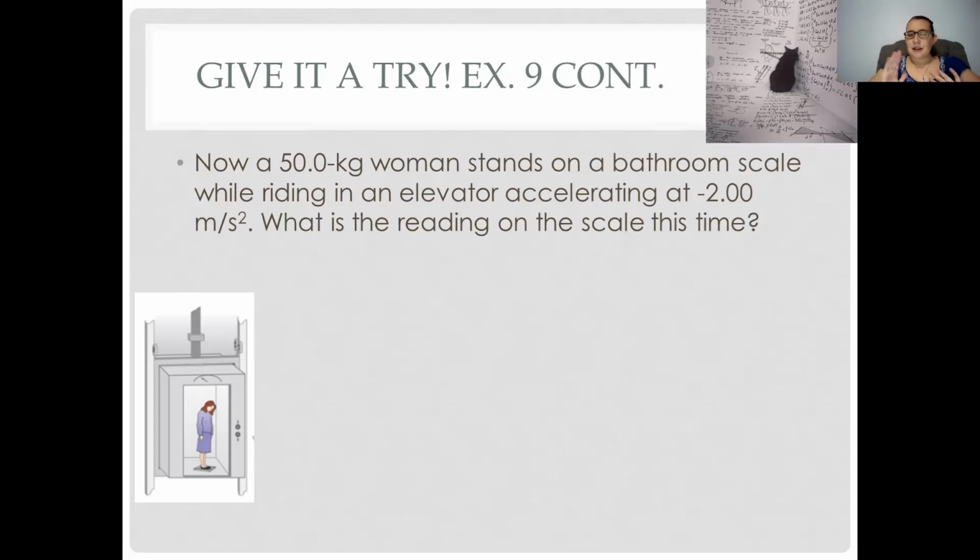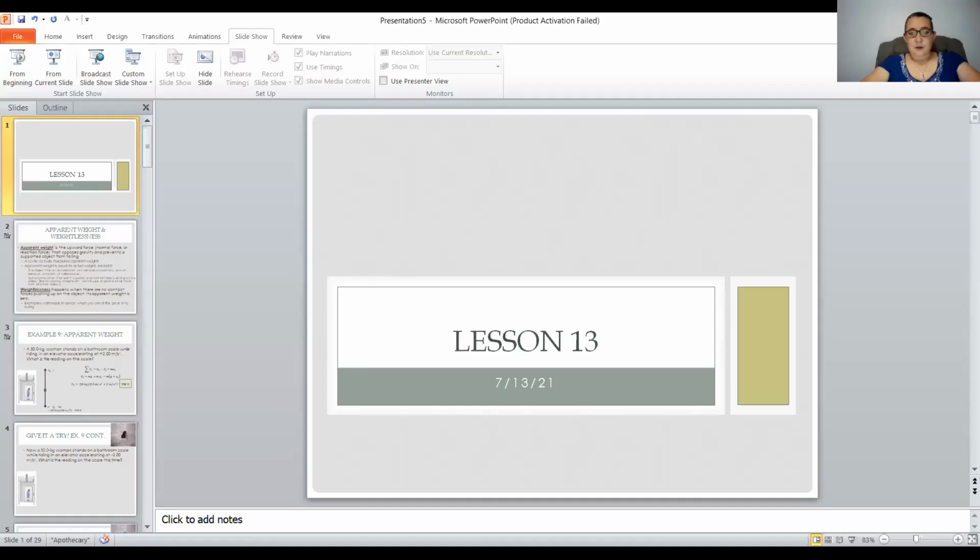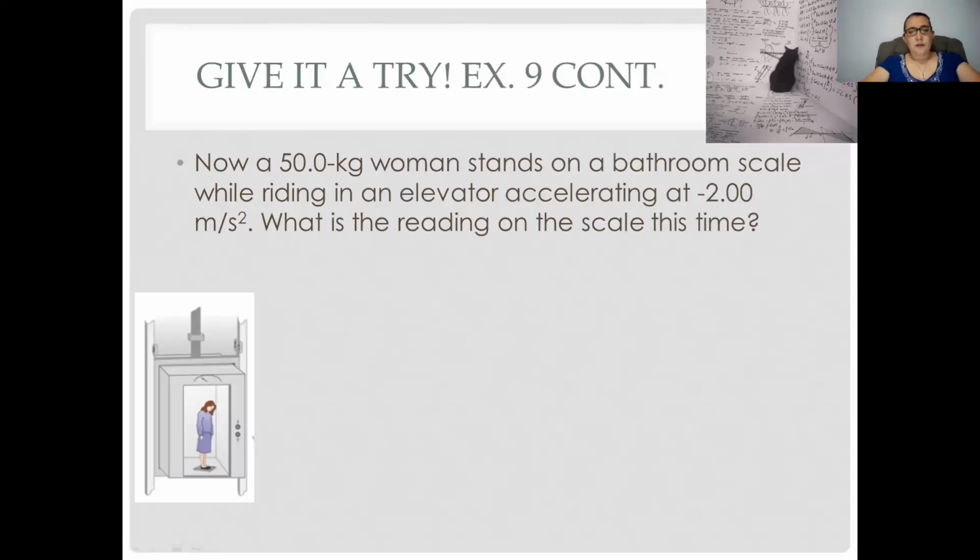But take a minute, go through those same steps that we did just a second ago in the first part of this example and see if you can set up this problem. I'll give you a minute or two to think about it. All right, I know that was a pretty quick minute. You'll find as we go through this together that it's very similar to what we just did, except now our acceleration is in the opposite direction, and so we're dealing with the opposite sign.